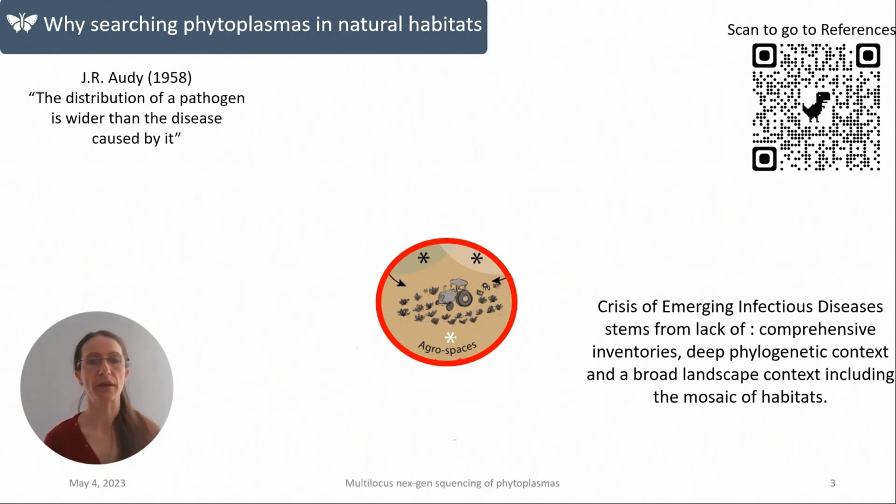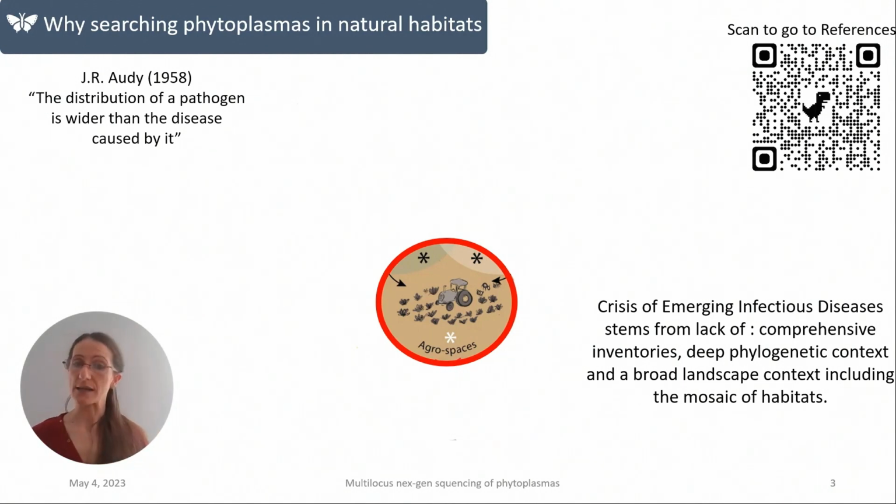First of all, why do we need to search for phytoplasmas in natural habitats? We learned that pathogens of every kind, infecting not just crops, but also human beings, livestock, and wildlife that human beings depend on socioeconomically, colonize a large range of habitats. I want to mention J.R. Audy.